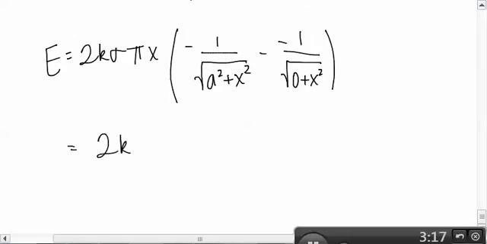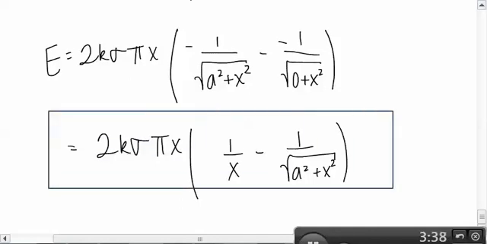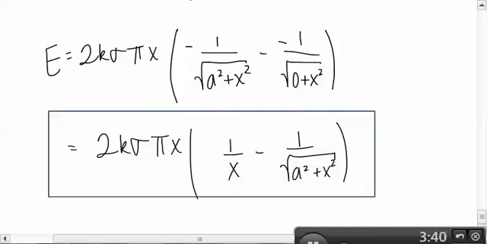So 2k sigma pi x, that would be 1 over x minus 1 over the square root of a squared plus x squared. So yay! And that is the electric field at a distance above the center of a uniformly charged disk.